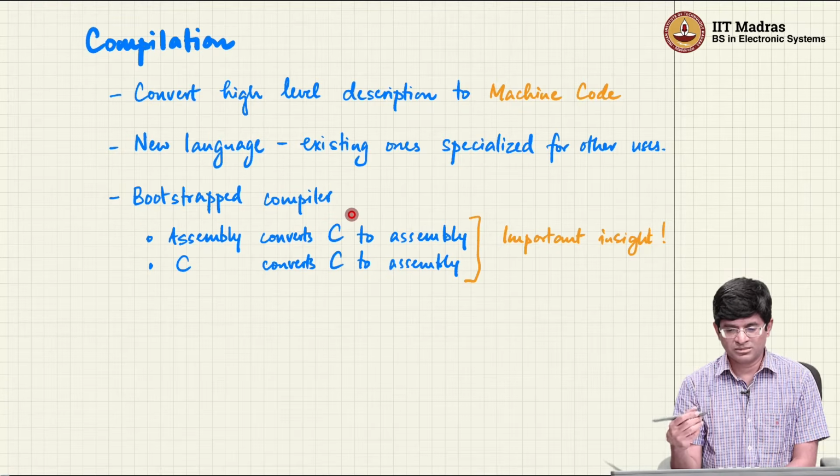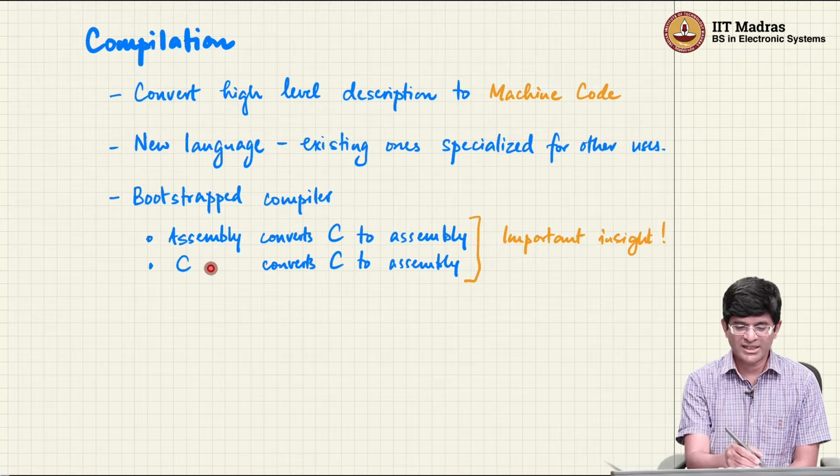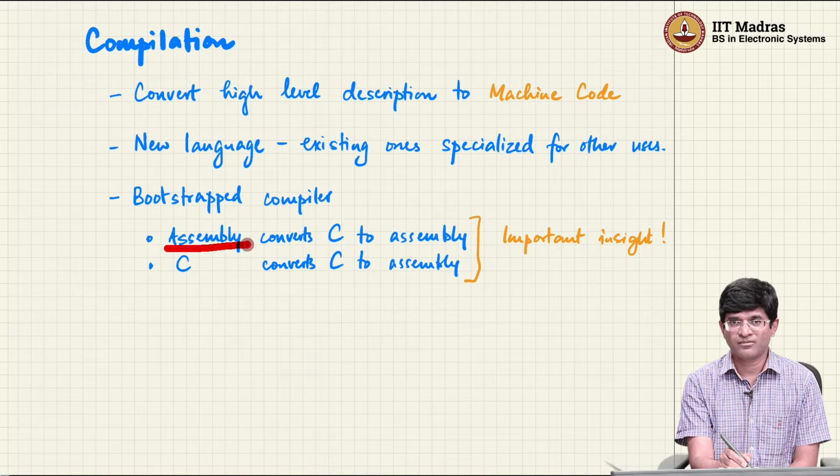This is a slightly tricky concept. What you can always do is write assembly language, because that can be converted into the machine code of a processor relatively easily, since assembly language almost uses the same instructions that the processor already knows.